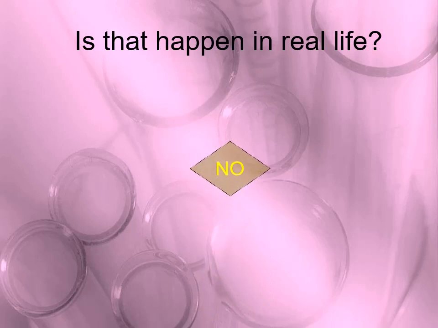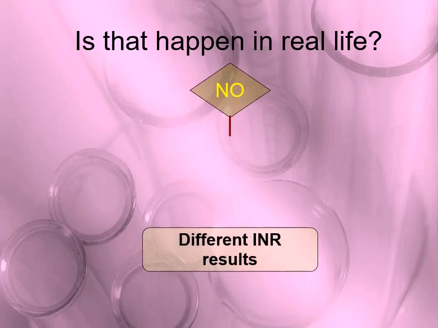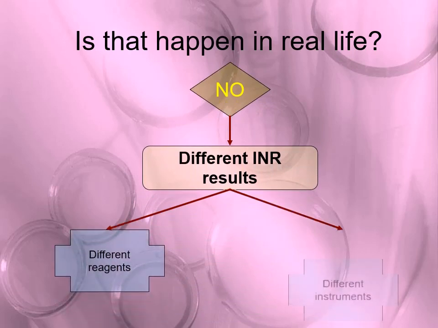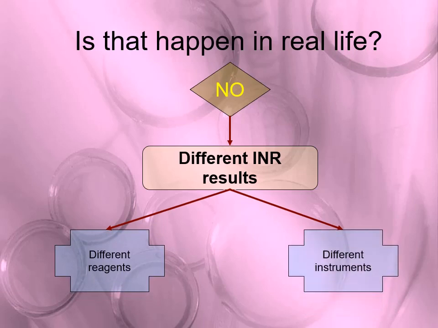Is that what happens in real life? No. Unfortunately, in real life, there is a remarkable disagreement in INR results with different reagents and instruments used, despite the use of the appropriate or relevant ISI.